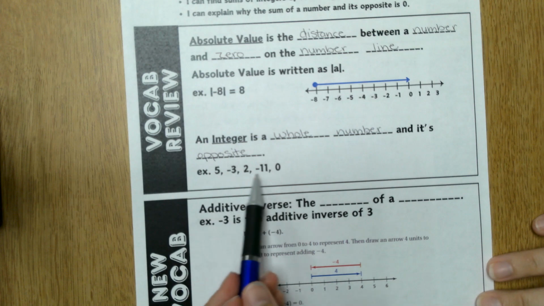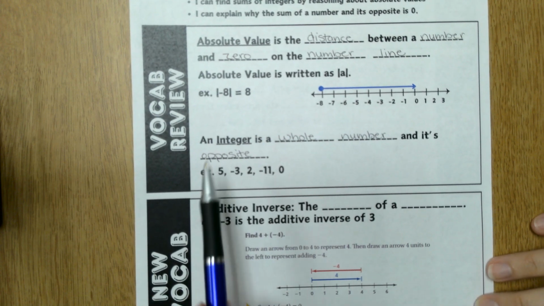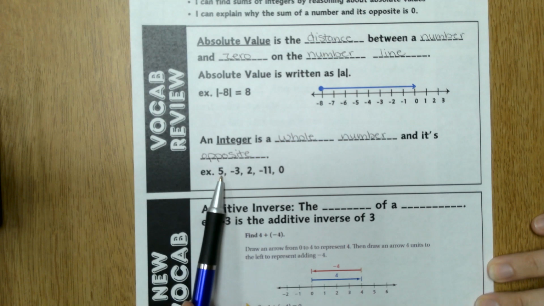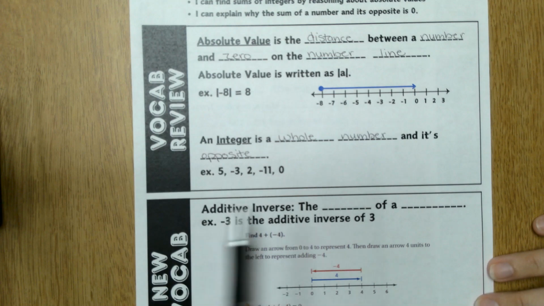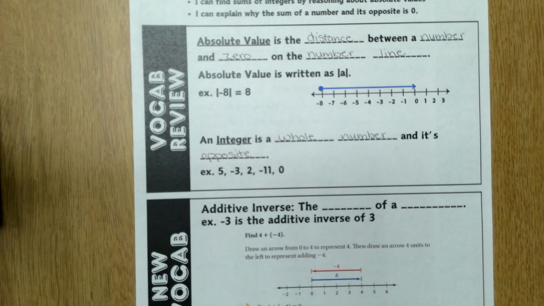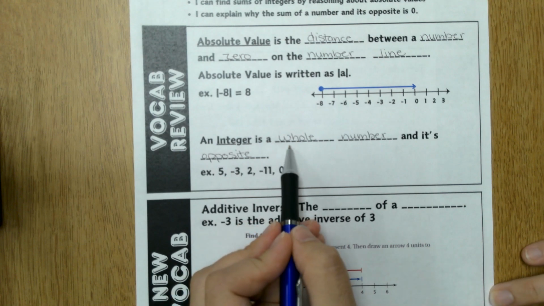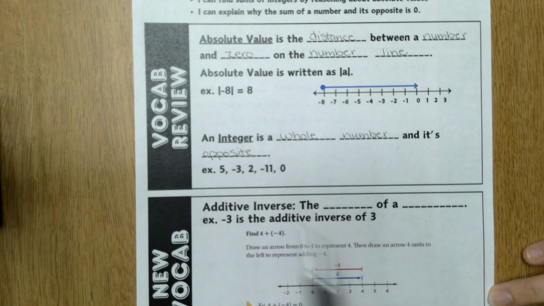Here are some examples of integers. So 5 and -5, both would be integers. That's the whole number and its opposite. 3 and -3 would be a whole number and its opposite. 2, -2, so forth and so on. It doesn't matter how small or how big the number is. It just has to be a whole number or the opposite.